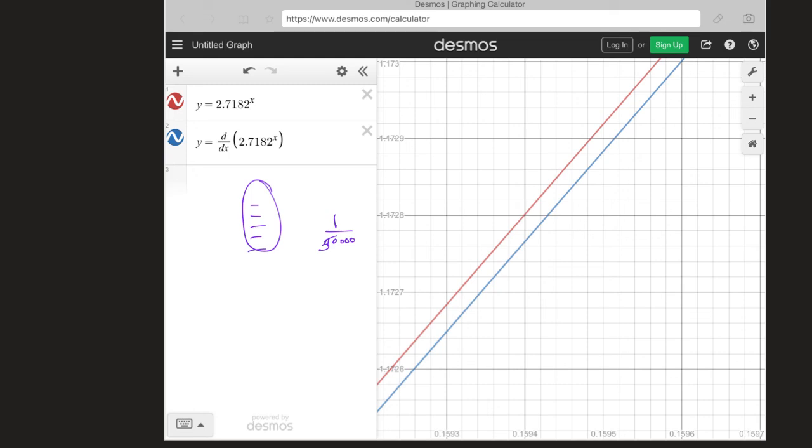So what I'm hoping is that we can see that what that base power is starts to lead us to having the same slope as our original function. There's something pretty important to that.